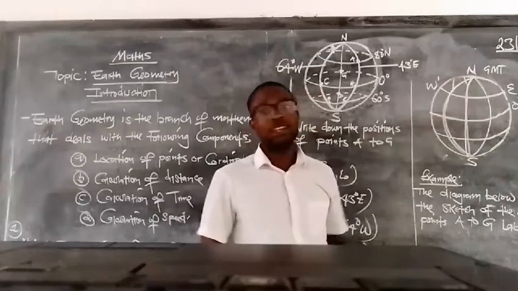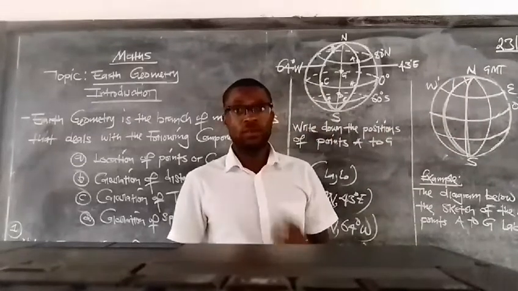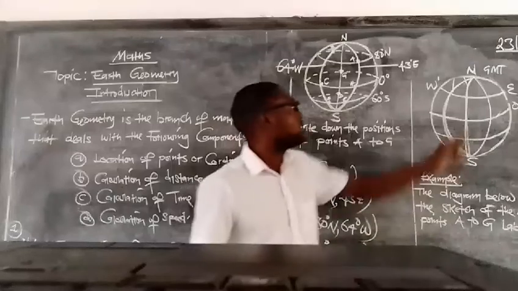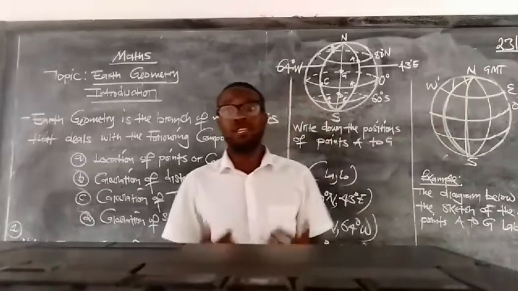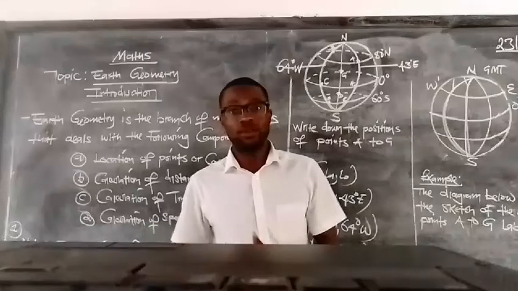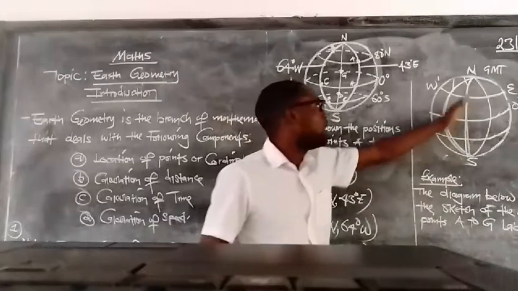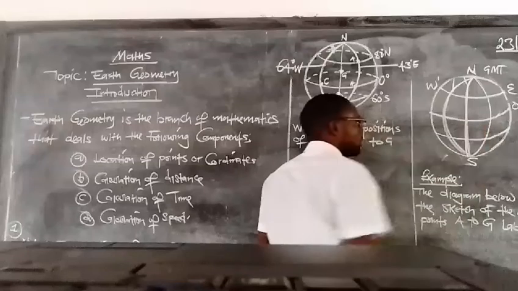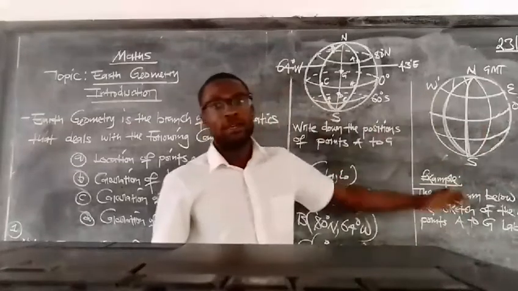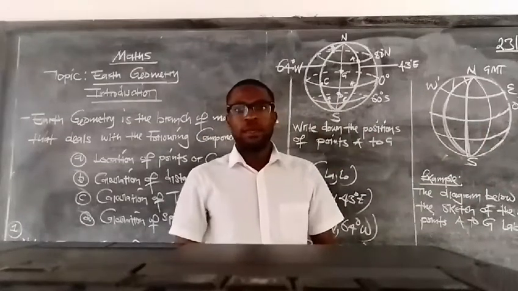Apart from that, we have also the lines of longitude. One important line of longitude is the Greenwich meridian, and that line we use it for sake of time calculation. So we are able to calculate time because of that important line which passes at the middle from the North Pole coming to the South Pole.